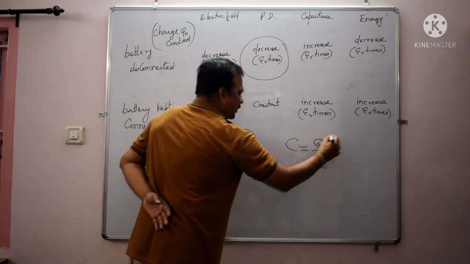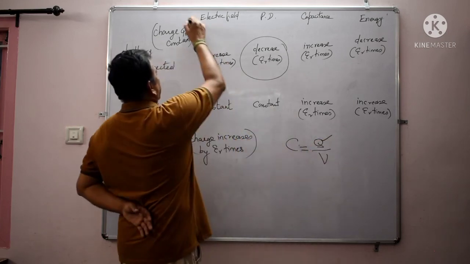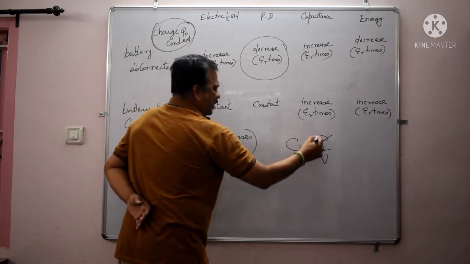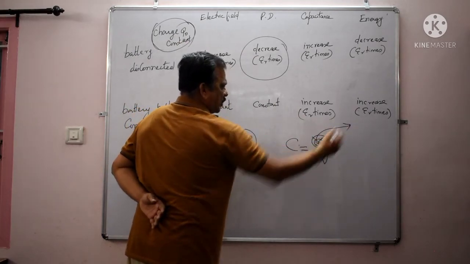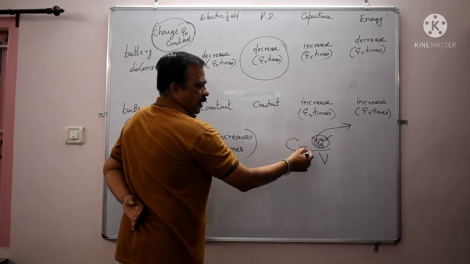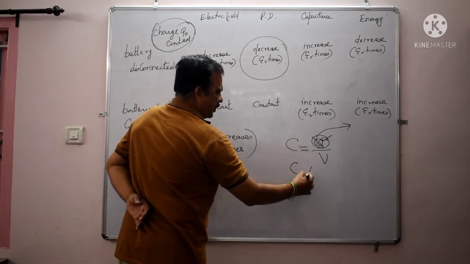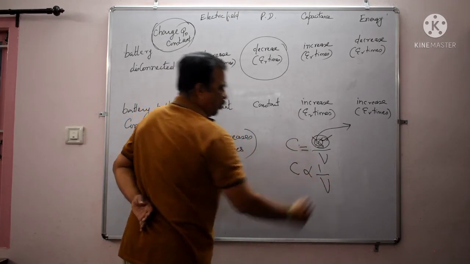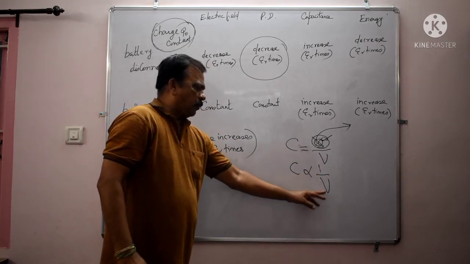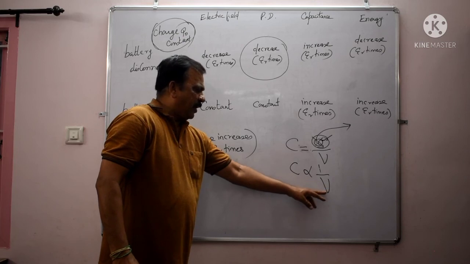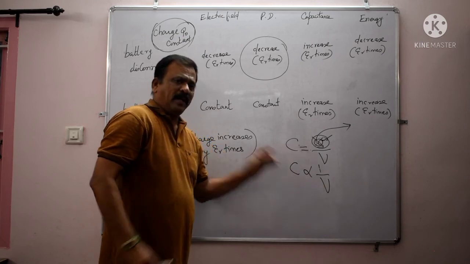If Q is constant, as in the first case, and I remove it, whenever I remove a constant term from an equation, the equal sign changes to a proportional sign. So C is proportional to 1 by V. Since capacitance is inversely proportional to potential, if the potential decreases, the capacitance will increase.